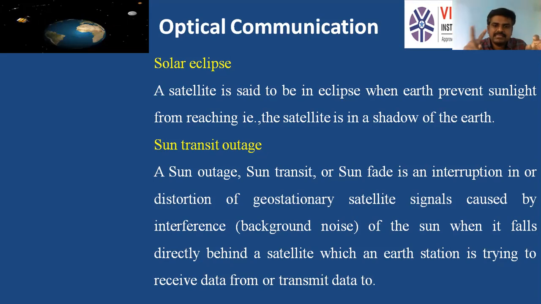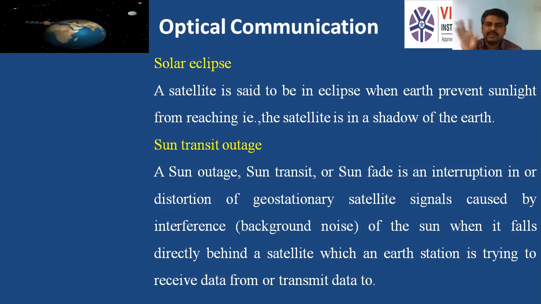This happens twice a year. These are called equinox periods. The sun transit outage, that is when the earth, satellite and the sun come on the same plane, takes place twice a year. We call that equinox time.